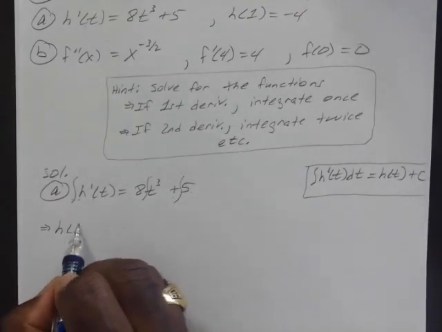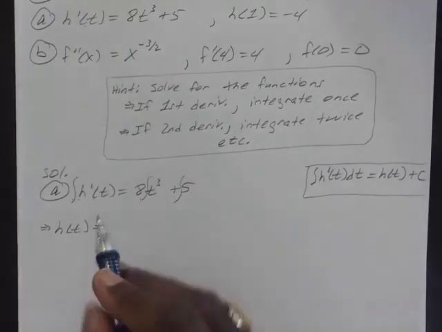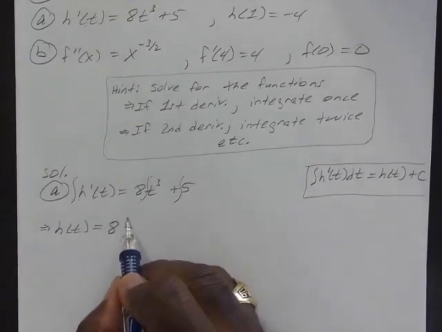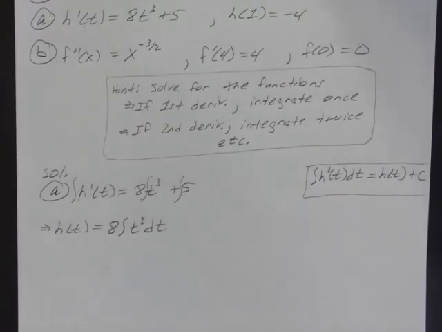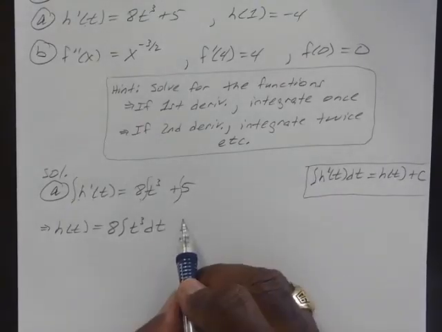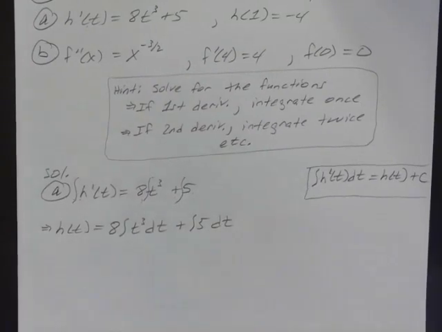So you have h of t is equal to that 8, which we're going to factor out to the front, times the antiderivative of t to the third power with respect to t, plus the antiderivative of 5 with respect to t.